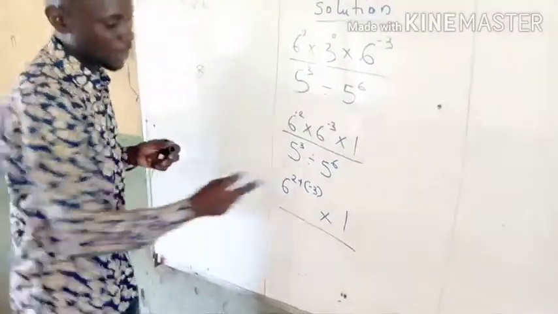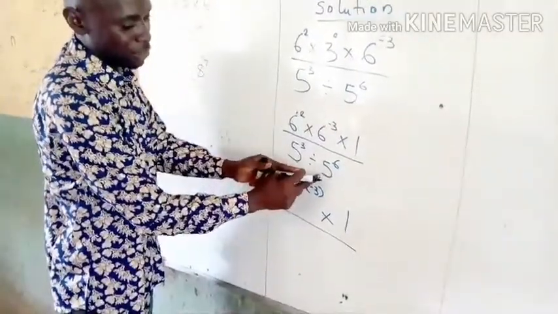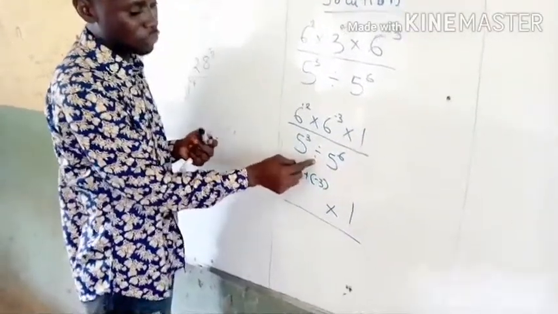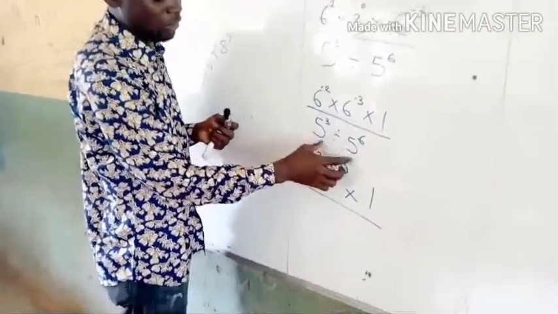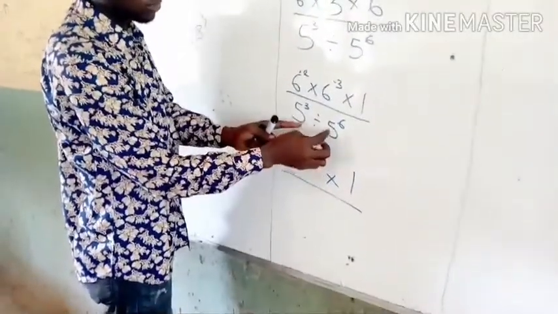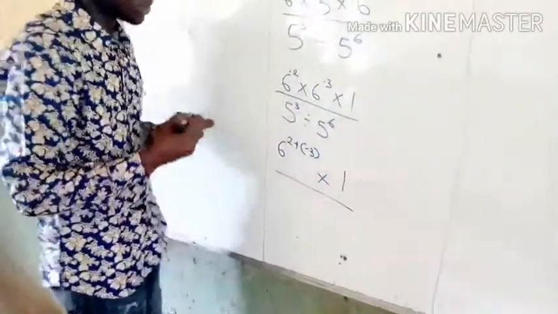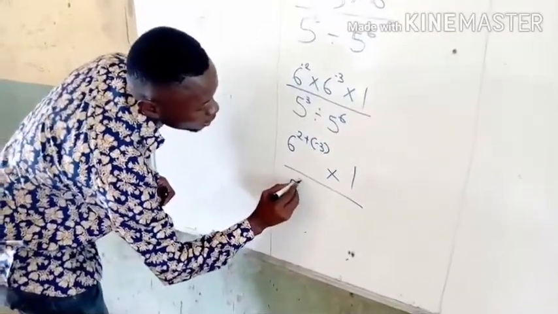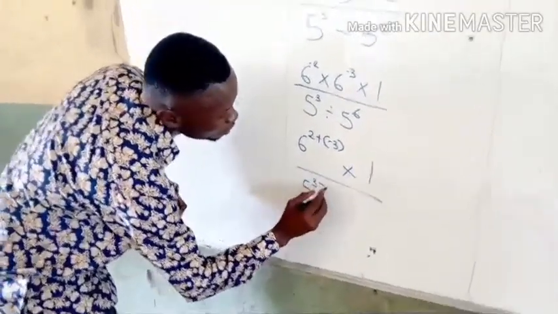All divided by, apply it here also, this denominator. We have our division law, which says when the bases are equal, you subtract their powers. That means 5 raised to the power 3 minus 6.